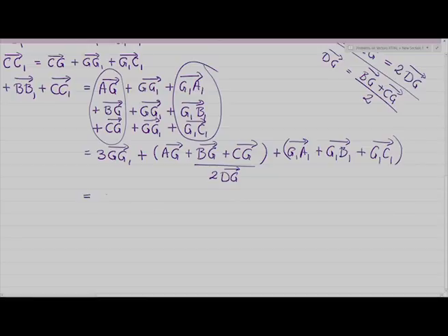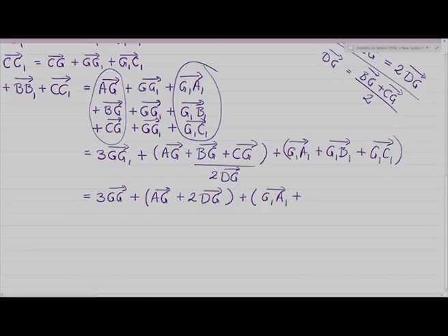So, overall our formulation now becomes GG1 bar plus AG bar plus 2 times DG bar plus, I can play a similar trick over this particular triangle. I will not explain it again, but you can guess what that trick will be. So, I have this and this.